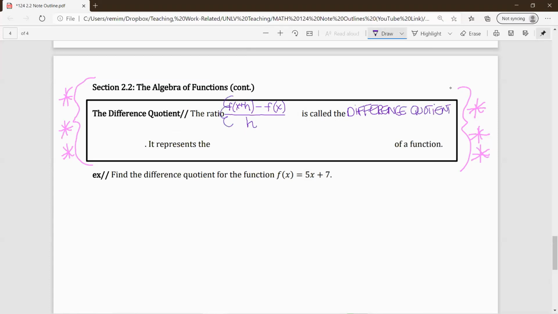This thing right here is the difference quotient, and it represents the average rate of change of a function. And say we have a function that when you graph it, it creates a straight line.